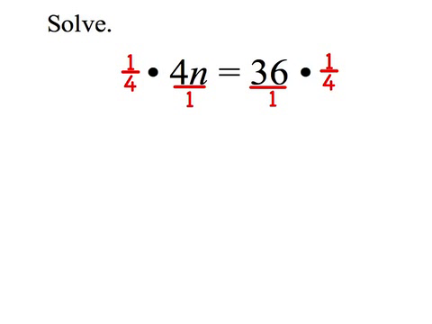So now we have all fractions, and we can tell what's in the numerator and what's in the denominator. And then if you remember your multiplication of fractions from elementary school, you could mark up as shown. And now there's a lot of marks on this page, but if you know how to read them, and you know that anything times 1 is itself, you know that the final answer, the solution, is n equals 9.